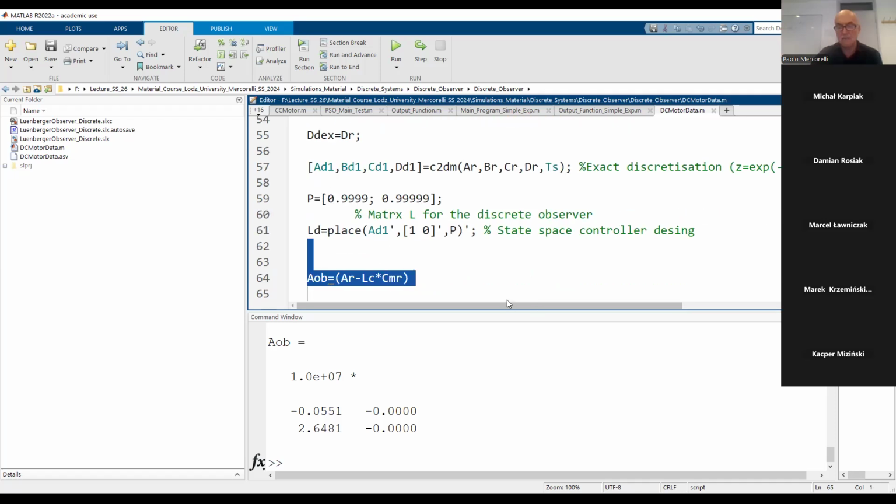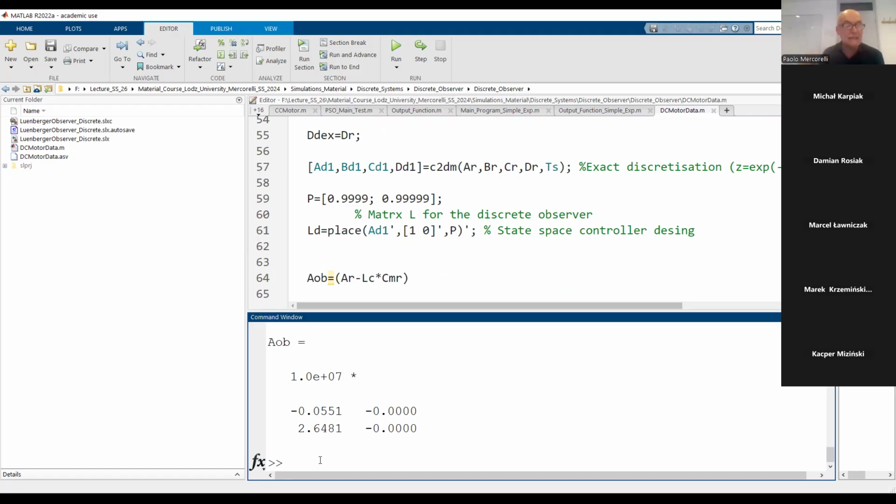Now, look what I can do. Let me write the transfer function, if I remember well the command, or this command at least, of this A or B with respect now to CMR transposed.